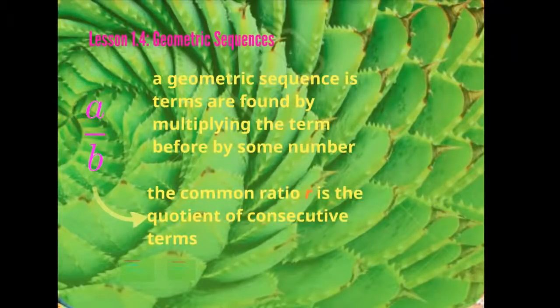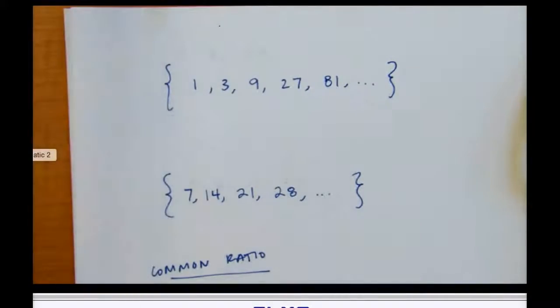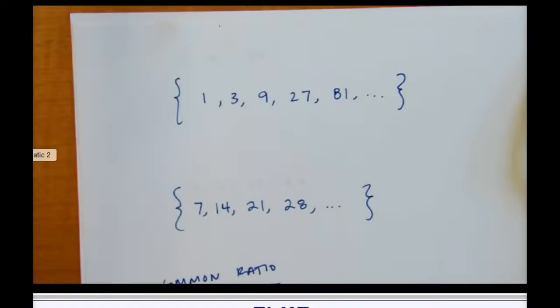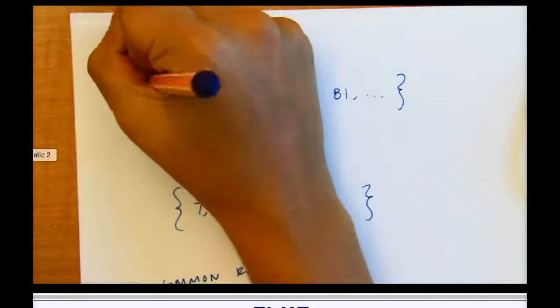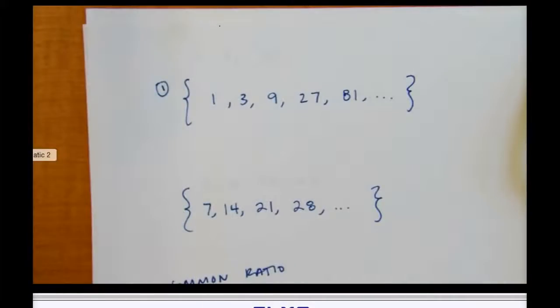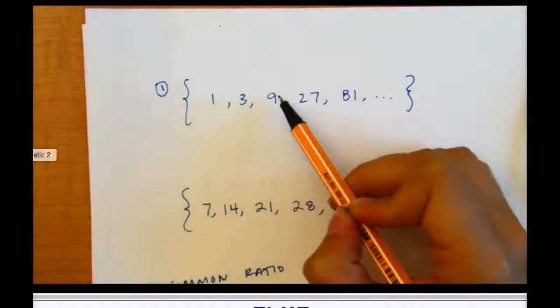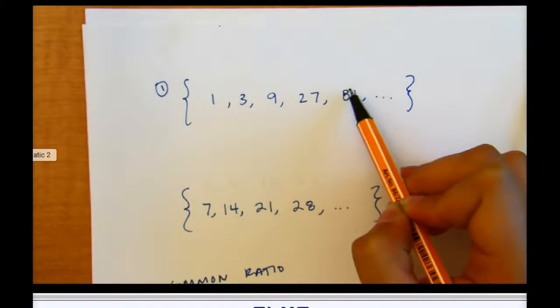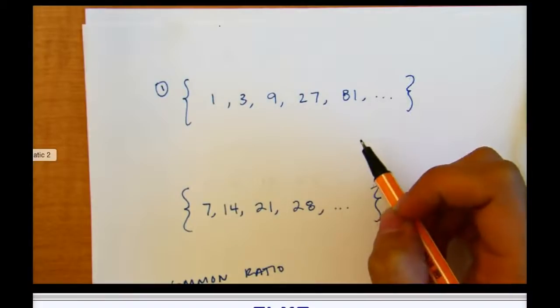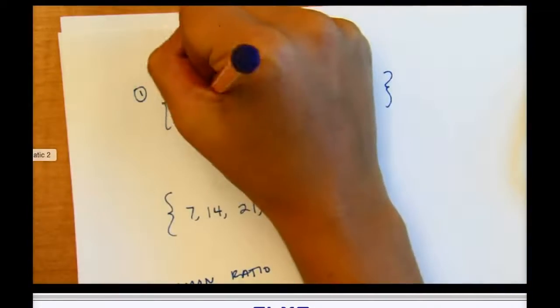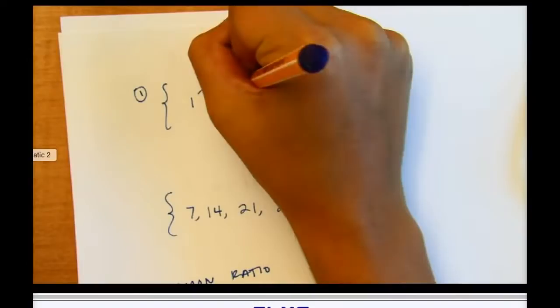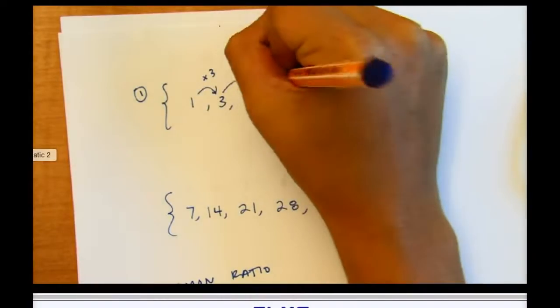Okay, so looking at this top sequence, take a moment and identify what am I doing to get from term to term in this sequence. If you said multiply by 3, you are correct.